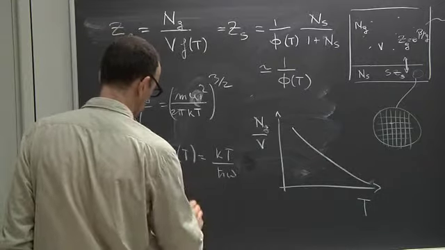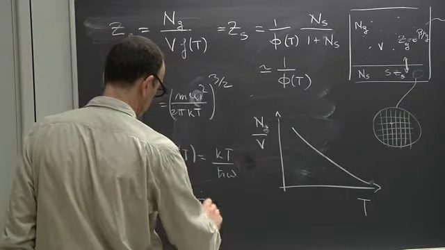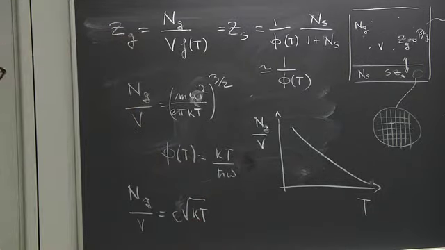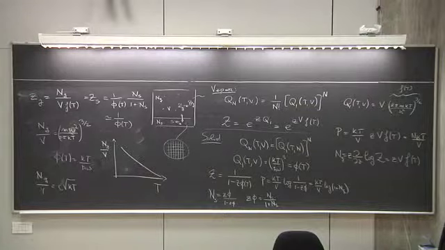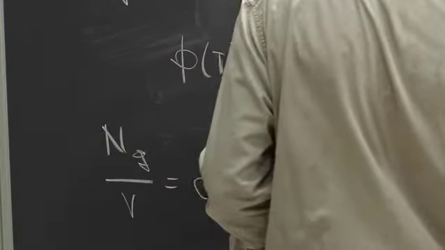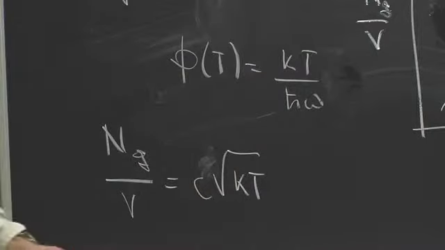This would have been the square root of kT. So you would have something like this, okay, which is more realistic.